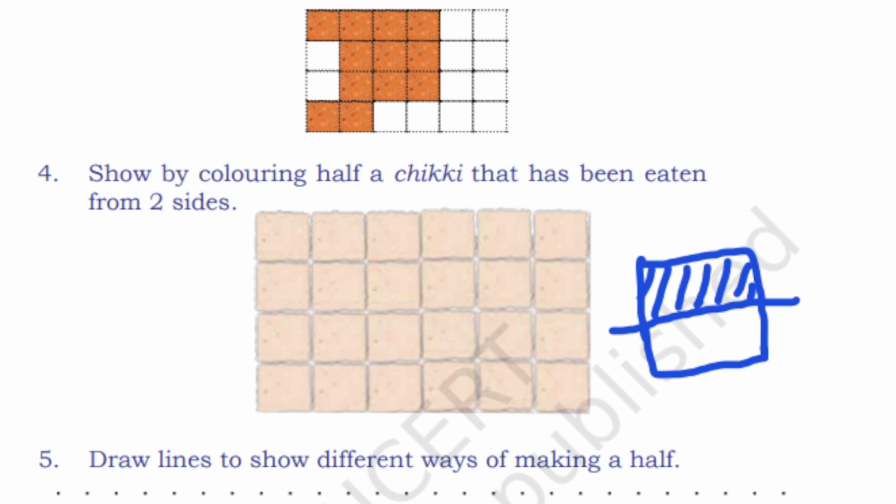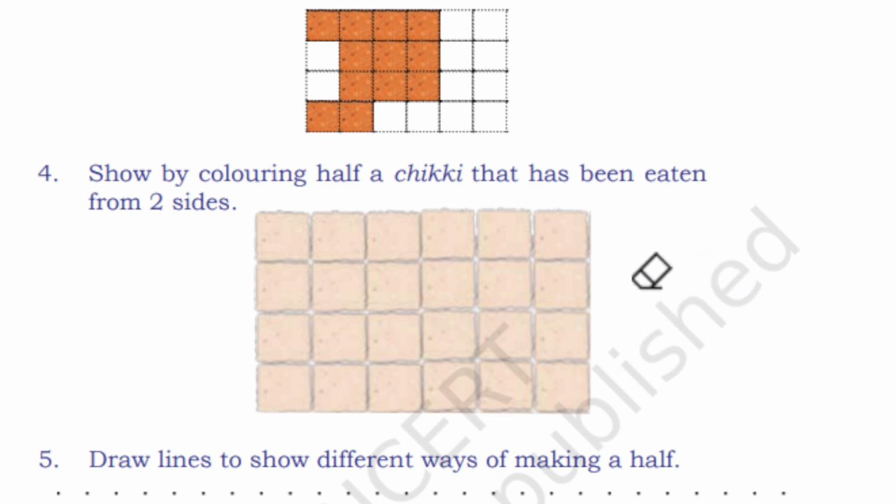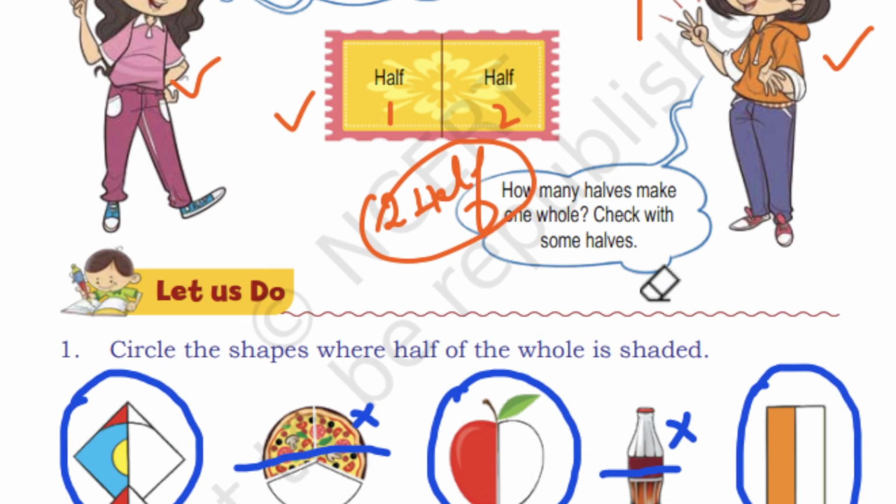Or if you have a color pencil, you can easily color it over like this. You can shade over. Understood? So half of the side is shaded. Okay, let me erase this out. Let's go back.